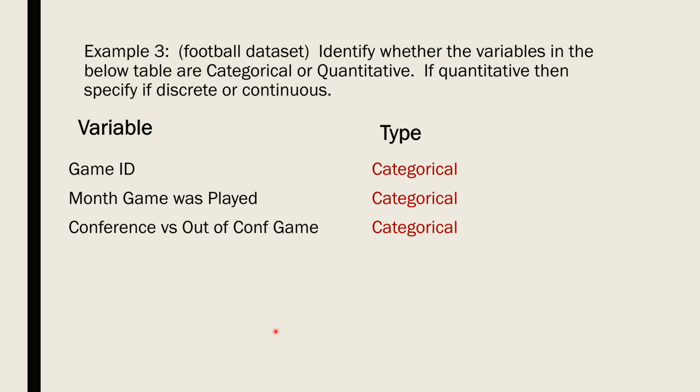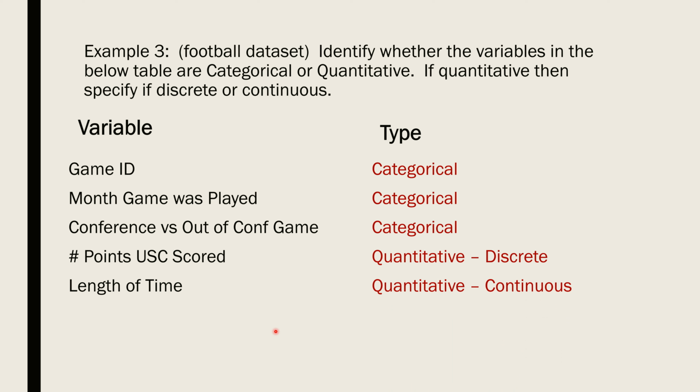It should be categorical. Number of points U of SC scored. It should be a discrete quantitative variable. Length of time. It is a measurement, so it should be a continuous quantitative variable. Number of pounds by U of SC. It should be a quantitative variable and discrete.